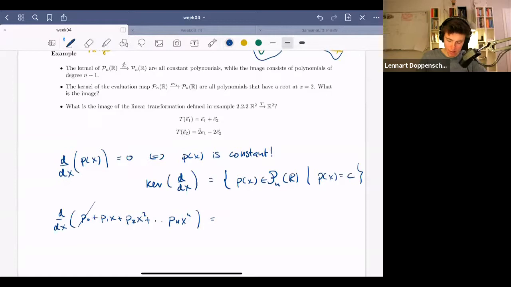Talking and writing is really difficult actually. So we get p1 + 2 p2 x and so on, up to n times pn x^(n-1).